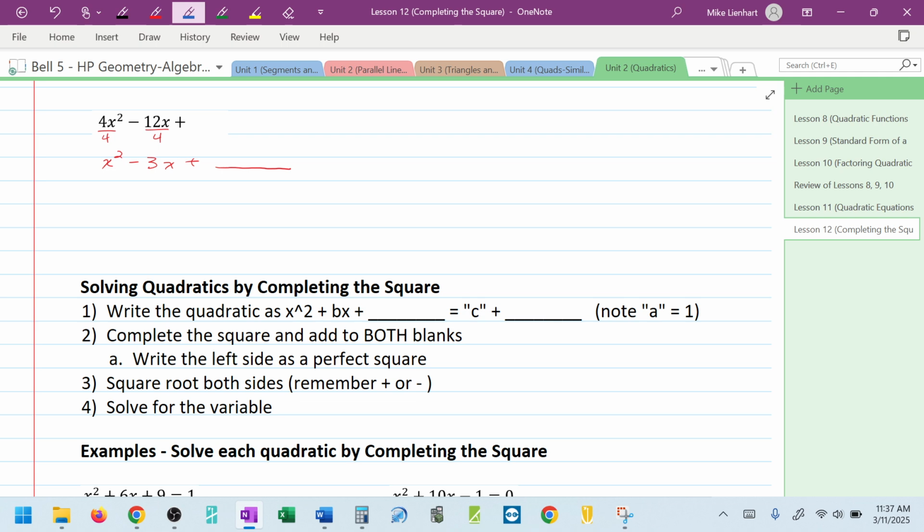All right, so let's take b, negative 3, divided by 2, square it. Okay, so if I do that, I have 9 over 4. Okay, and if I were to plug 9 over 4 into that original, and then I cancel back those, let's see, would that give me the right answer there?